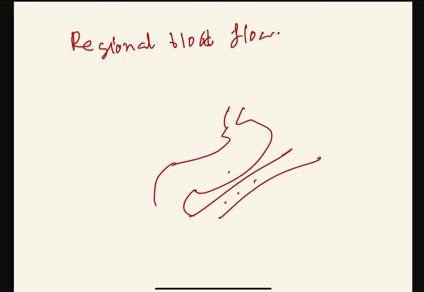Then the drug will accumulate in this circulation, and there will be less concentration gradient, and this will lead to a decrease in absorption of the drug. But if the regional blood flow is more, then the drugs will readily absorb because of the constant maintenance of the concentration gradient.